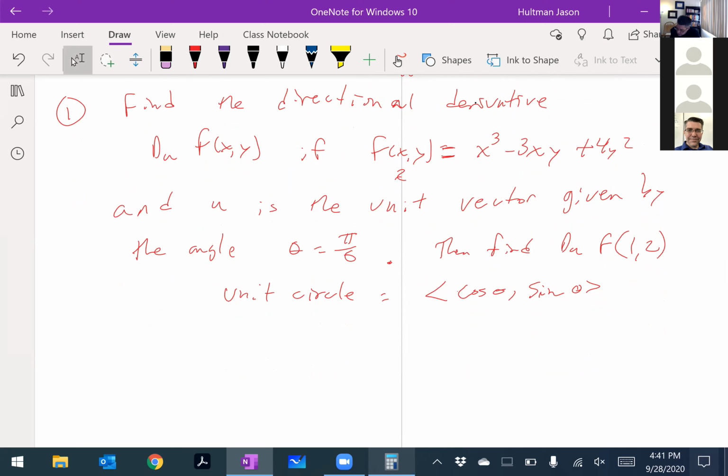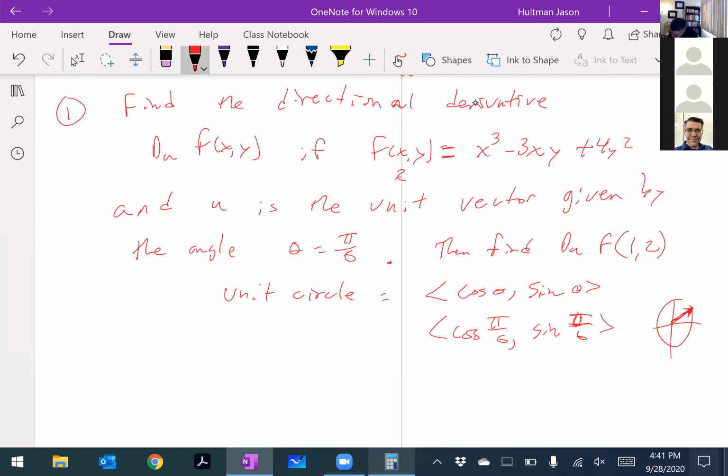So it's the unit vector. What's the unit vector at theta equals pi over 6? Isn't that cosine pi over 6, sine pi over 6? Because if you think about the unit circle, we're out here at pi over 6, which is 30 degrees.